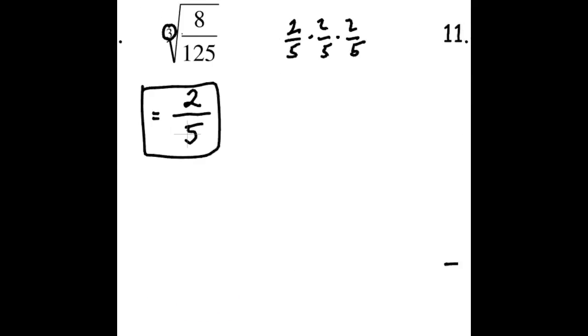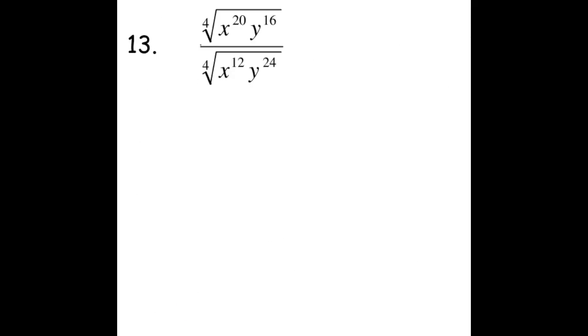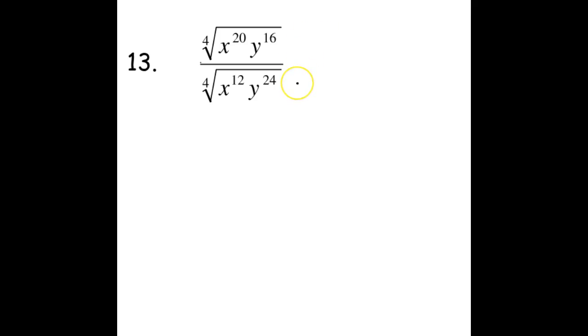Okay, let's go down to 13. So we got some roots here. So remember that this is the same as a 1/4 power, or dividing by 4. So we can have on the top 20 divided by 4. I'm going to write out all these steps. 16 divided by 4. And on the bottom, same thing.